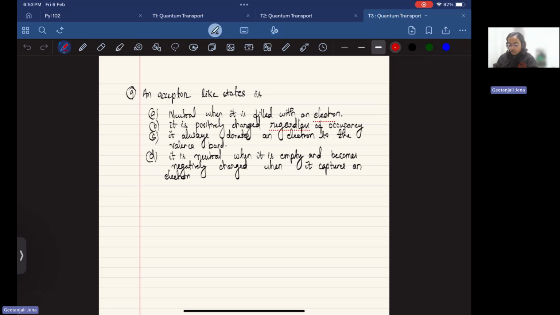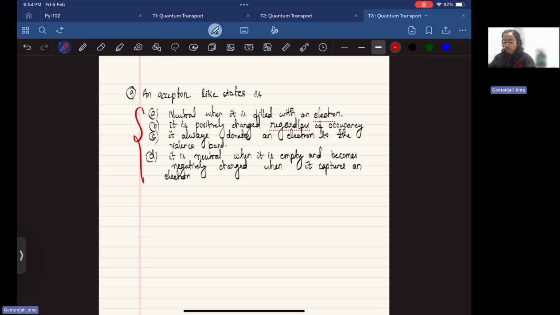So this is about a concept from week 2. The question says: the acceptor-like state, whether it is neutral when it is filled with an electron, or it is positively charged regardless of its occupancy, or it always donates electrons to the valence band, or it is neutral when it is empty or becomes negatively charged when it captures an electron.